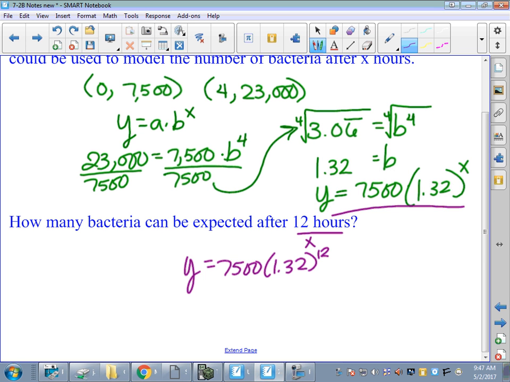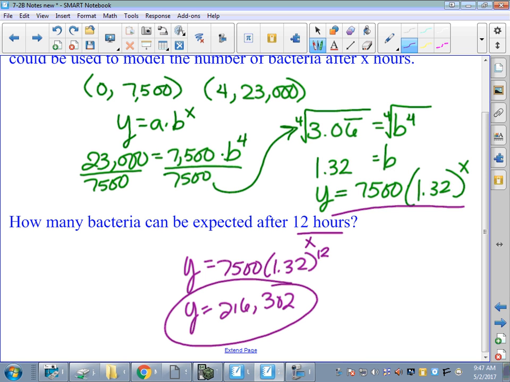Order of operations says I need to take that to the 12th power first. I'm going to leave it in my calculator and then multiply it by 7,500, and you end up with 216,302 bacteria. It went up pretty big. It looks like a reasonable answer after 12 hours.